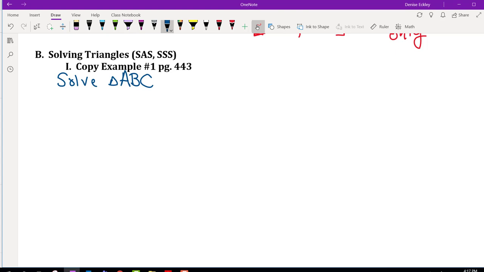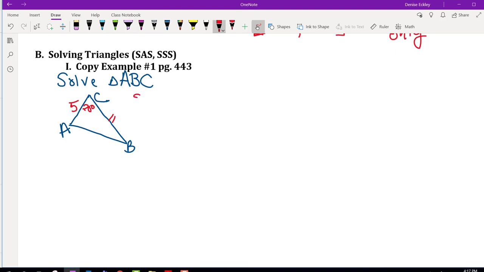Let me just draw a triangle and list everything on there. Here's A, here's B, and here's C. Side a is 11, side b is 5, and angle C is 20 degrees.